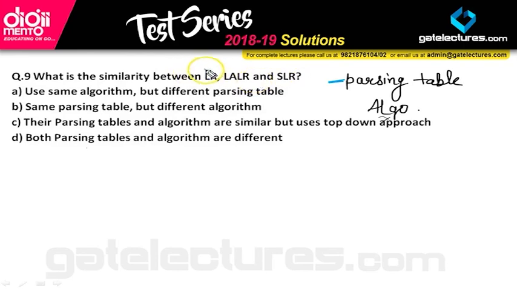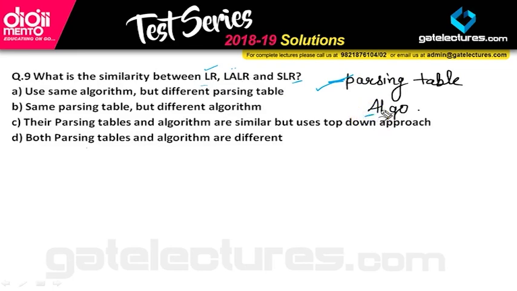In LR, the reduce moves are put in the whole row, and there are high chances of SR and RR conflicts, while in SLR we put the reduce move only in the follow symbol, and in LALR we have lookahead symbols, and only there we put a reduce move. So obviously the parsing table is different for all three. Now let's see what about the algorithm.